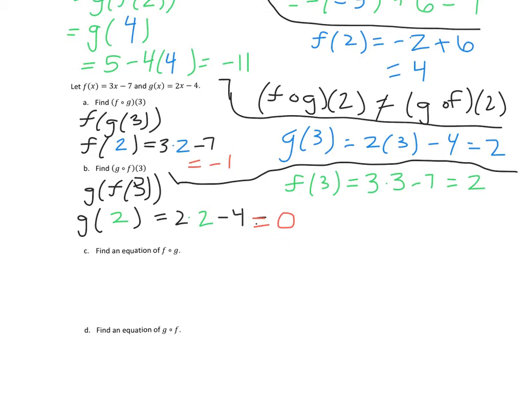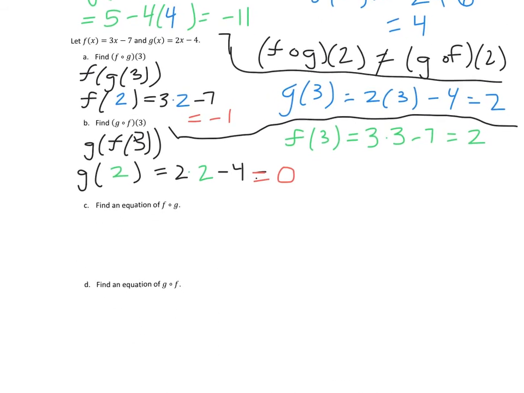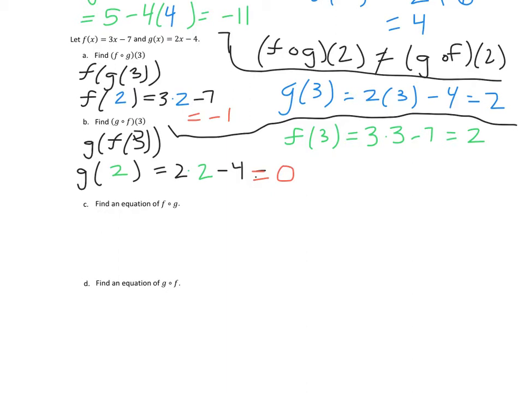All right, now we're going to find an equation of f of g. We're going to start off the same way, by writing what f of g of x would be. That's what it means when we're finding an equation: for any value of x, not just particular values.